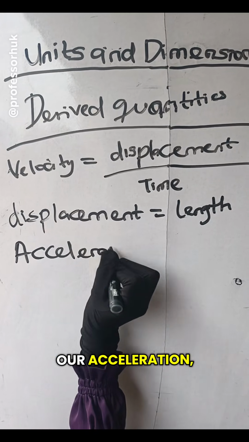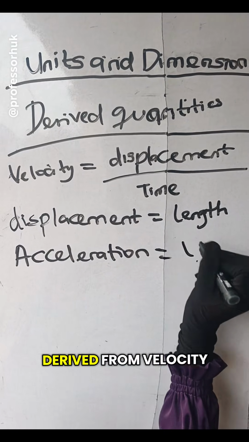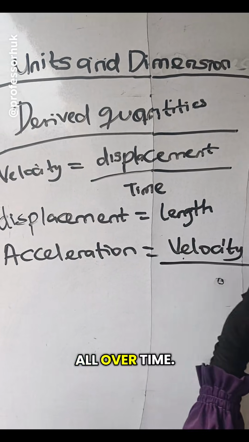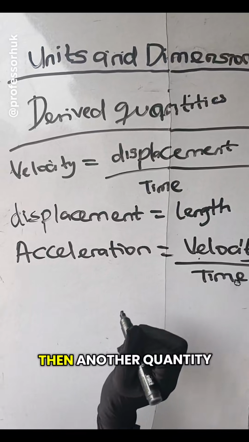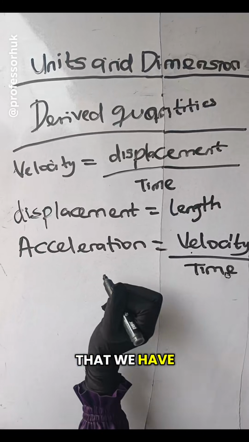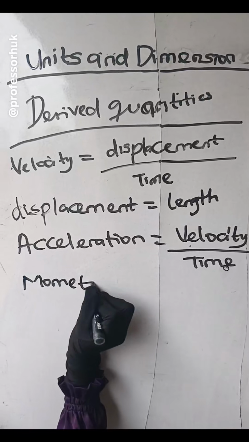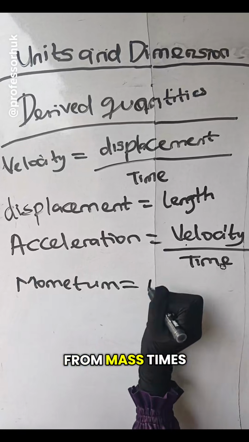Acceleration is derived from velocity all over time. Then another quantity that we have is the momentum, which is derived from mass times velocity.